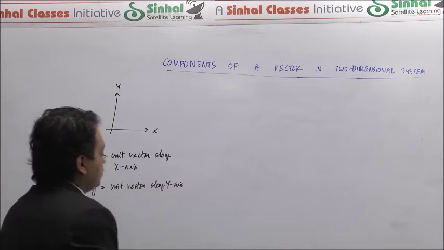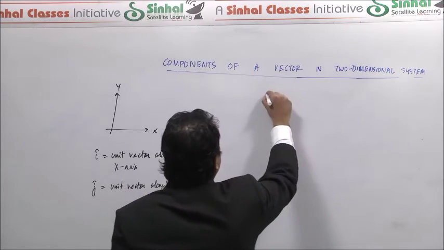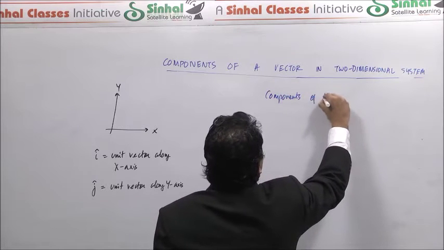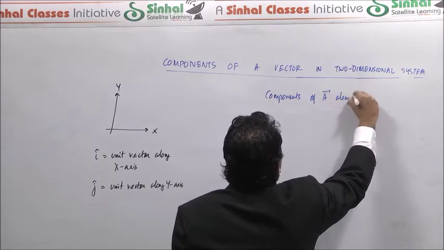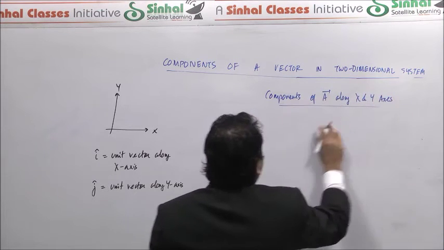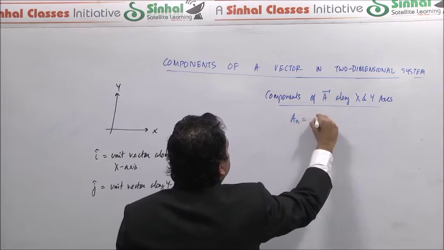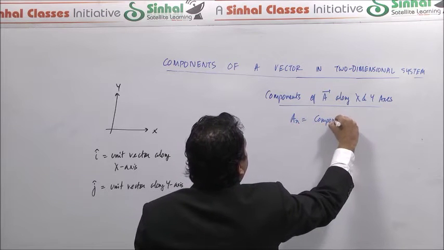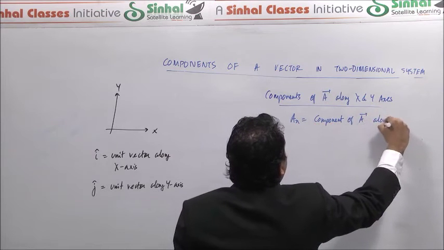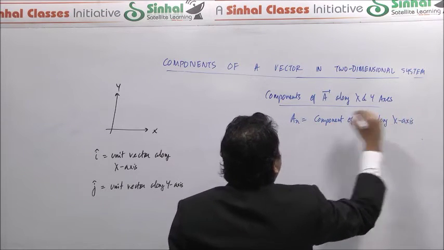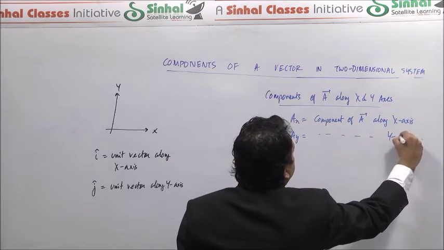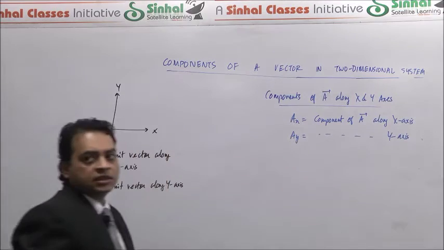Now let us understand how to find out the components of A along the x and y axis, or what we call A_x, the component of A along the x-axis, and A_y, similarly the component of A along the y-axis. Let's understand how to work that out.